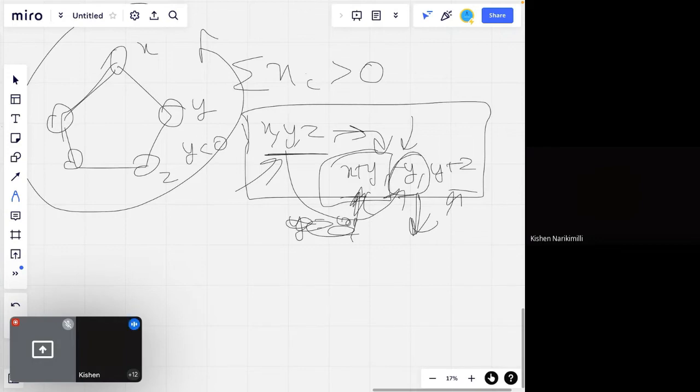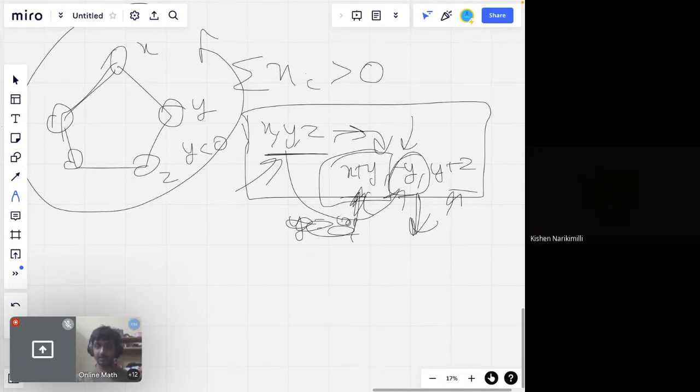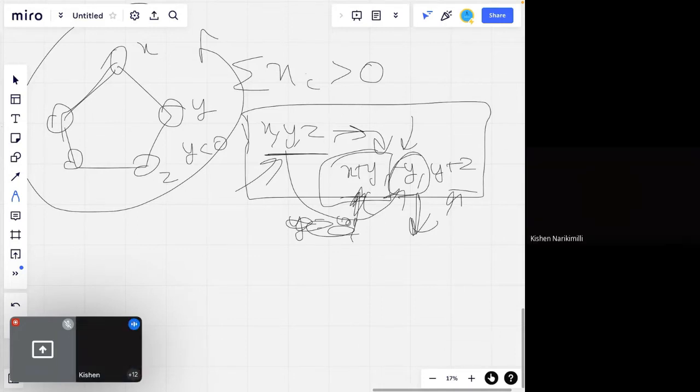I should write everything down first. But you are assuming that the next process repeats on x, right? We have to take some negative integer and do it. There might be some other negative integer which will completely change the board. Yeah, that's also there. We need to consider that.